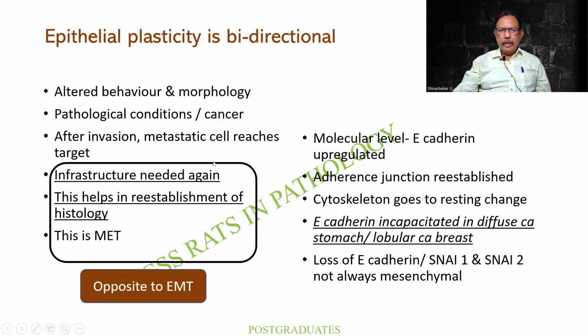Now, the same infrastructure is needed again, for the re-establishment of the histology of the tumor. When you see an infiltrating tumor, you will see the glands, and the basement membrane being laid down by the tumor cells. This action is opposite to epithelial mesenchymal transition, and it is called mesenchymal epithelial transition.